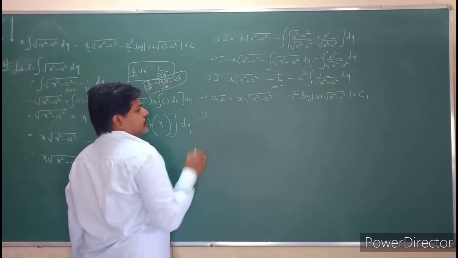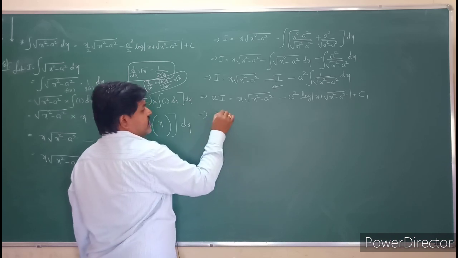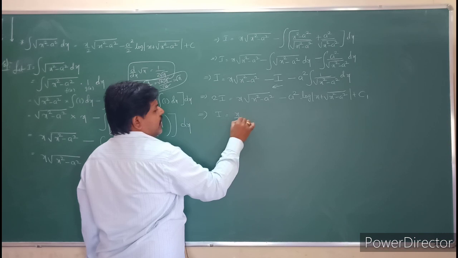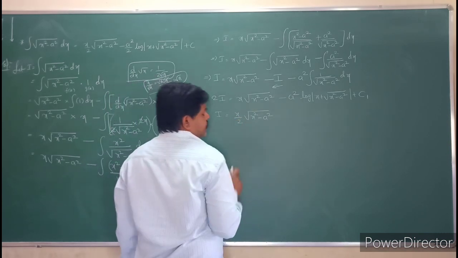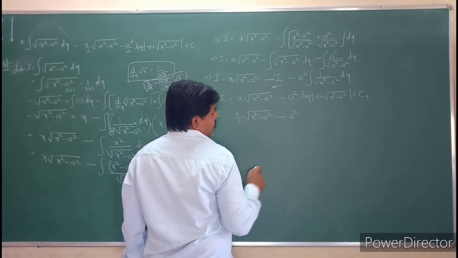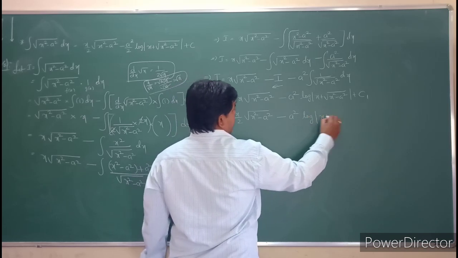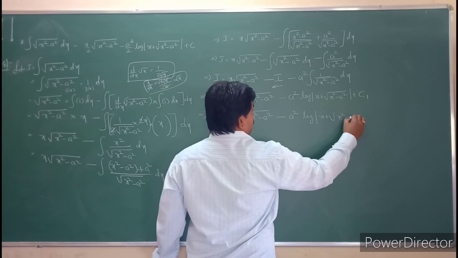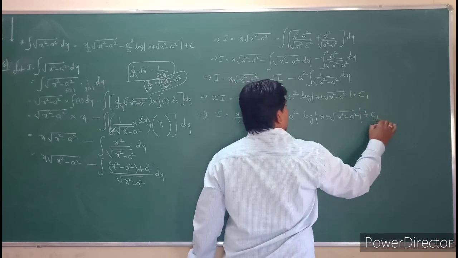So that implies, divide with 2. What happens? I is equal to, it will become x by 2 into root of x square minus a square minus a square into log mod x plus root of x square minus a square plus c1 by 2.